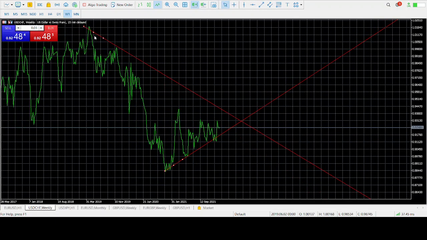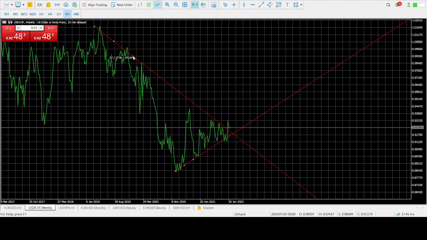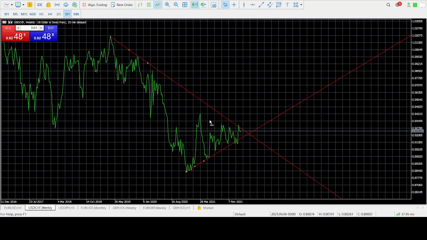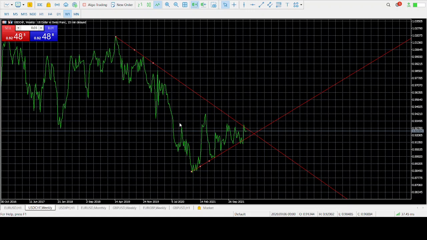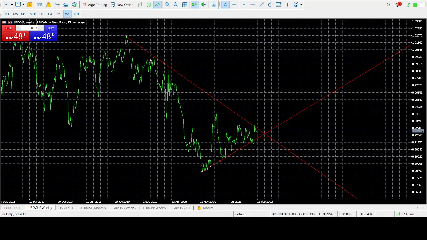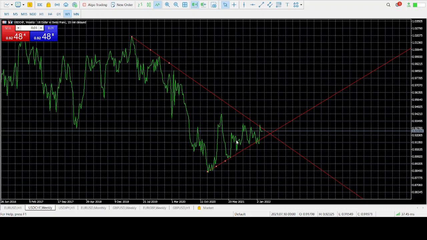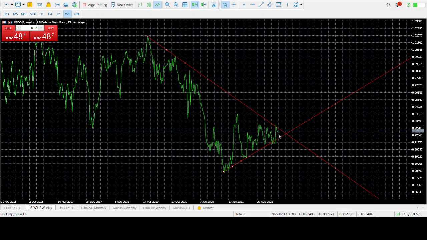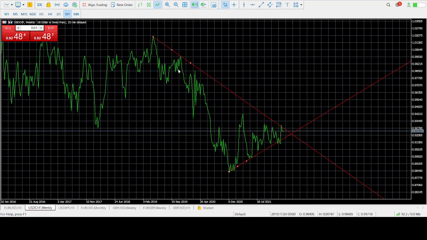After a strong downward move, you see what's happening here. This is called the triangle pattern. When this pattern happens, it usually means that the price will go in the same direction as it entered.